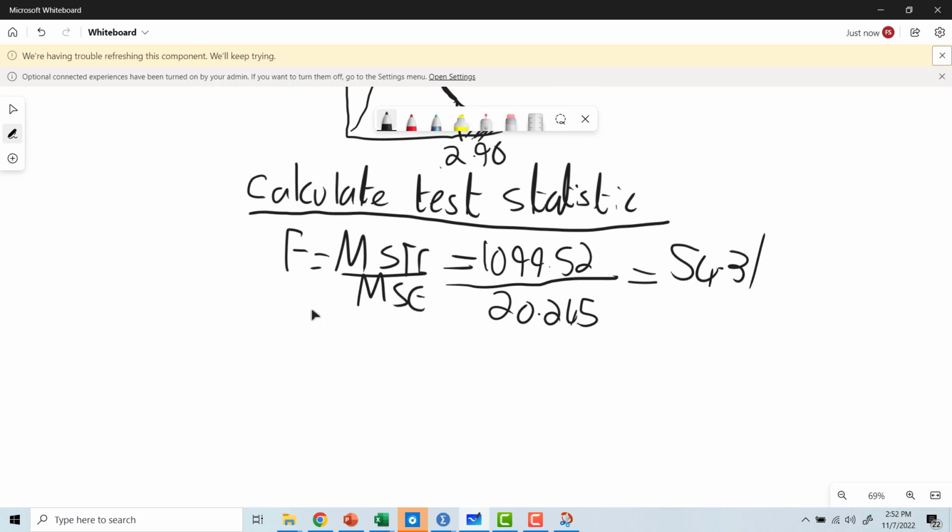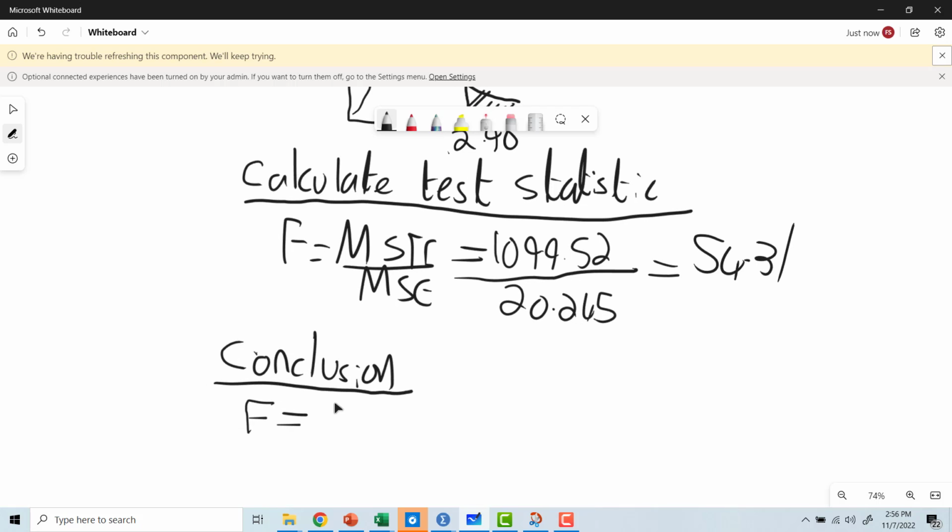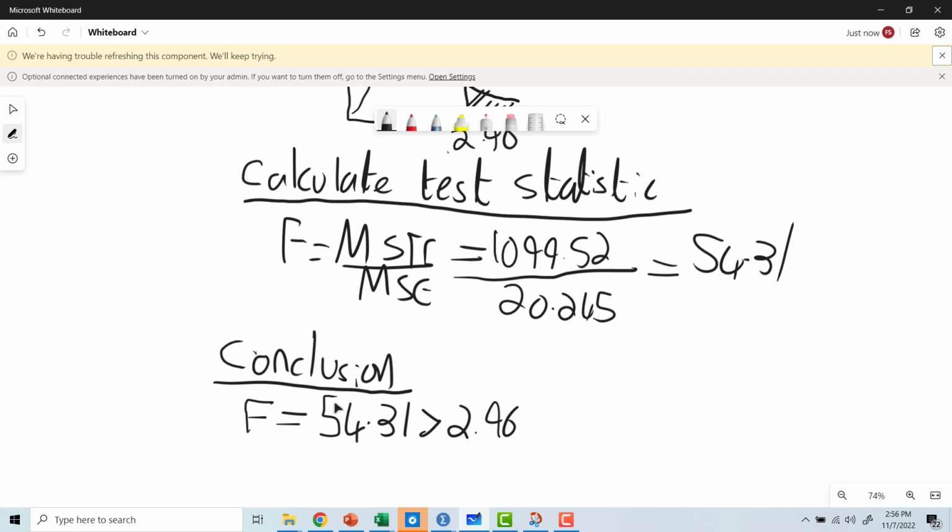And then the conclusion is F is 54.31, which is greater than 2.96. So we can reject H0.